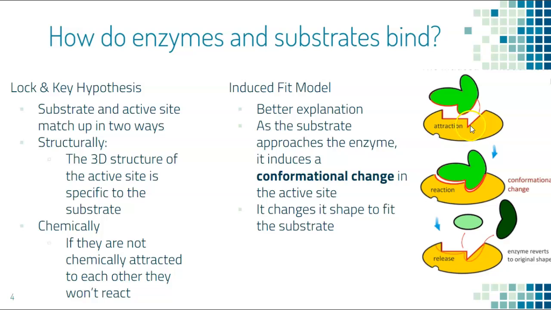And the induced fit model is saying, yeah, this is the same shape, but it's not quite the same. And so the enzyme is going to change its shape just a little bit to fit this substrate and go through the proper reaction. So it's not an exact fit, but they will force the fit to happen as long as it's pretty close.